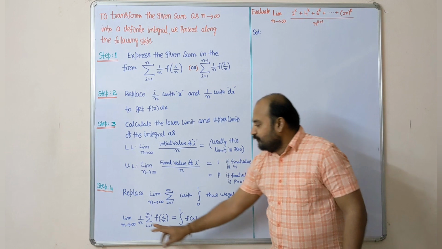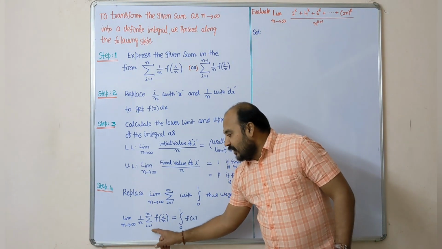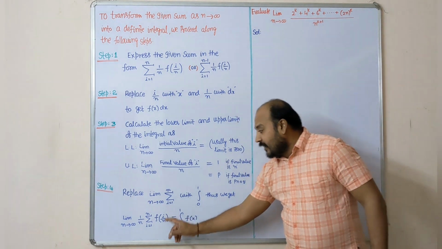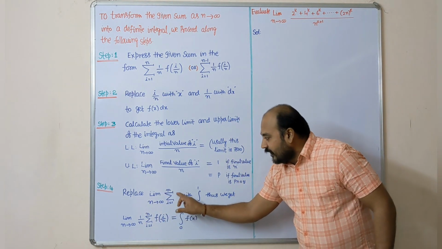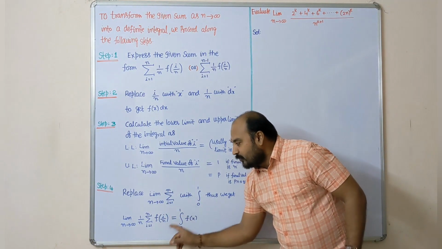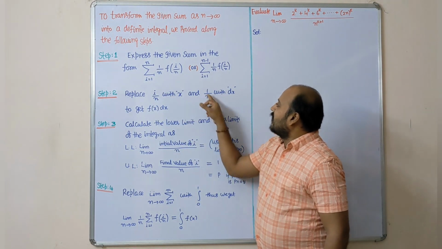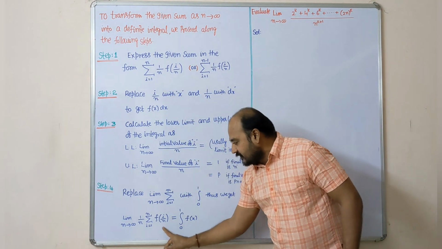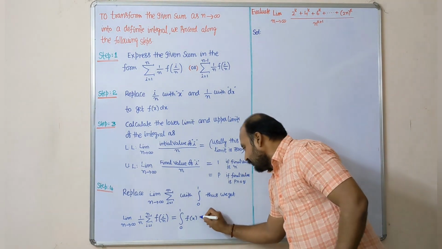Thus, limit n tends to infinity of 1 by n sigma i equal to 1 to n f of i by n becomes integral 0 to 1. I already said that i by n becomes x and 1 by n becomes dx, so it becomes f of x into dx.